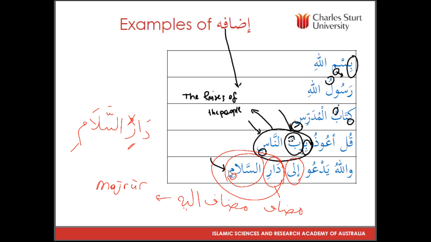Wallahu means Allah, yad'u calls, ila dar salam, to the place of peace. Dar means a place. So Allahu yad'u ila dar salam means Allah calls to the place of peace.